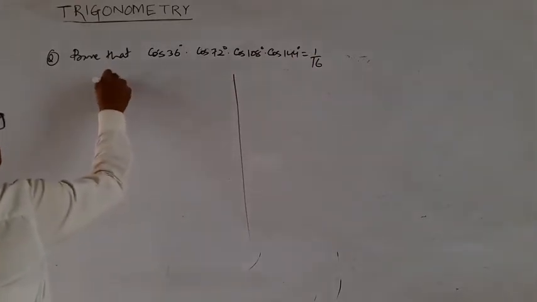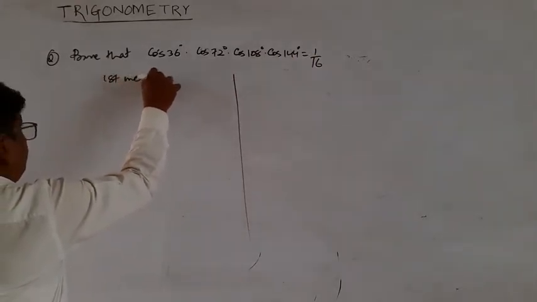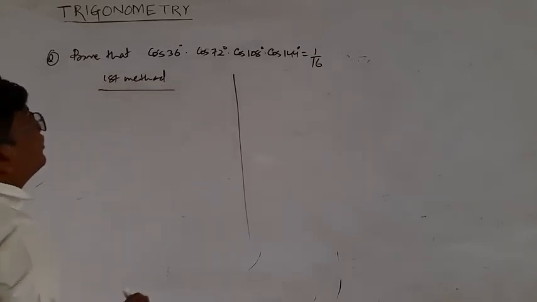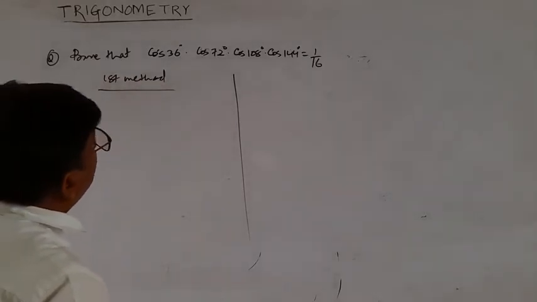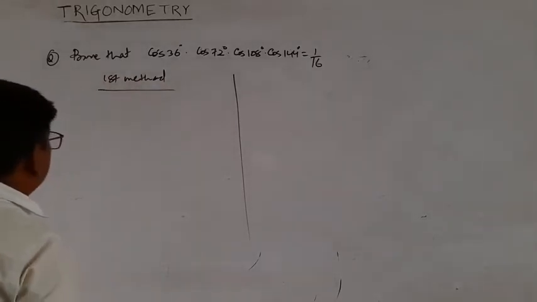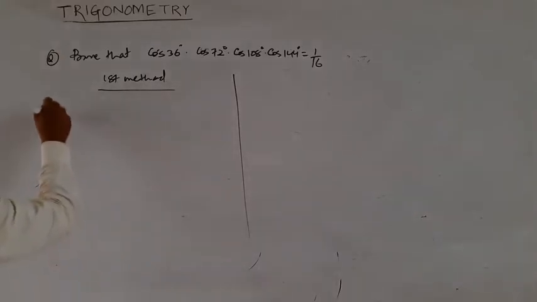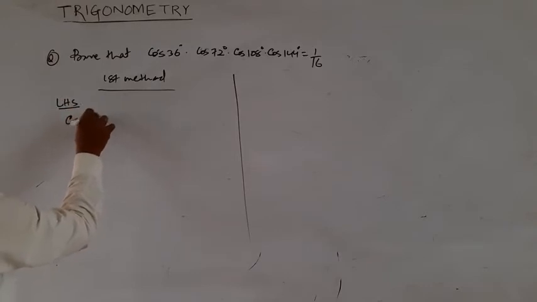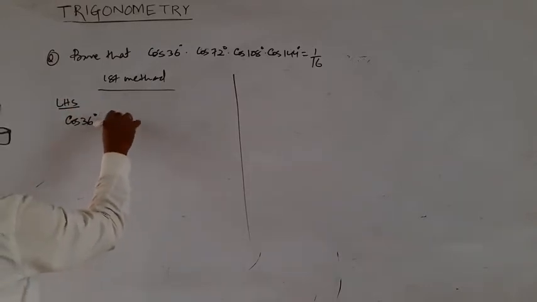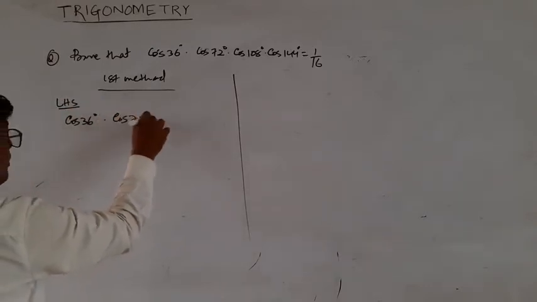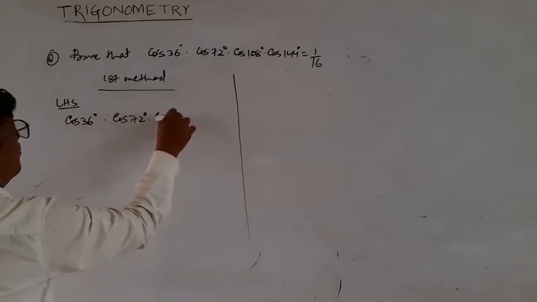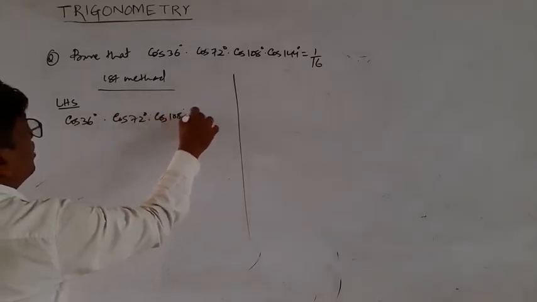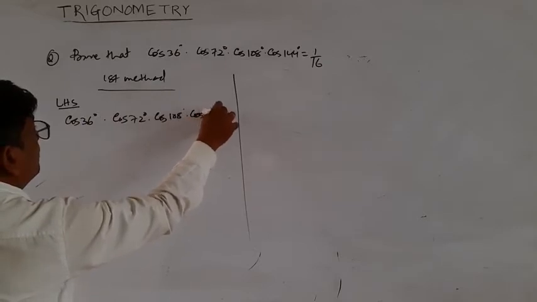First method, applying the values. The left hand side is cos 36 degree into cos 72 degree into cos 108 degree into cos 144 degree.